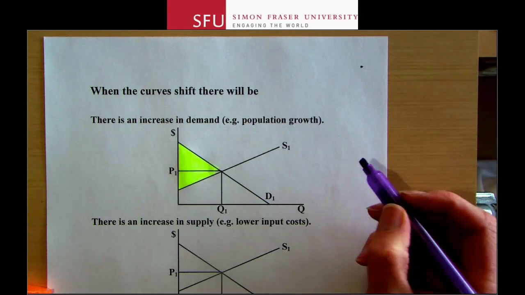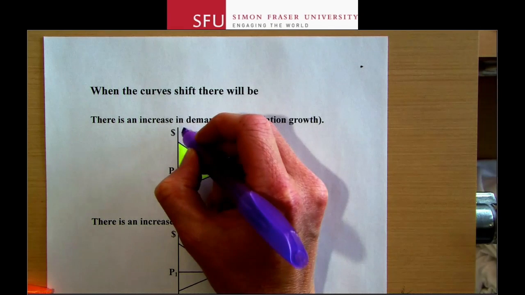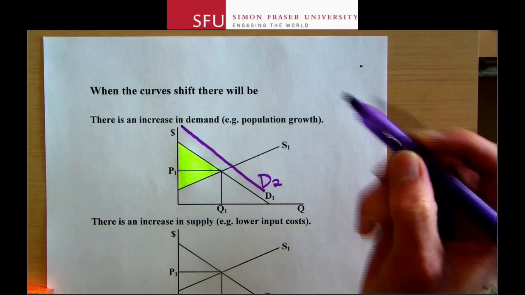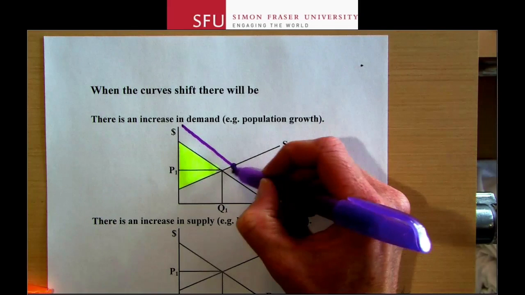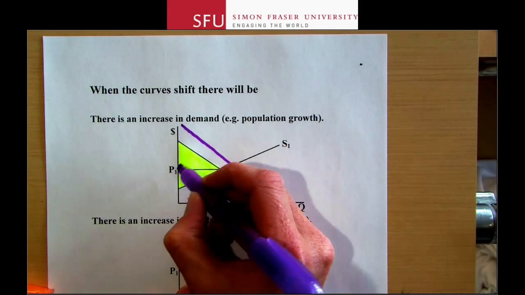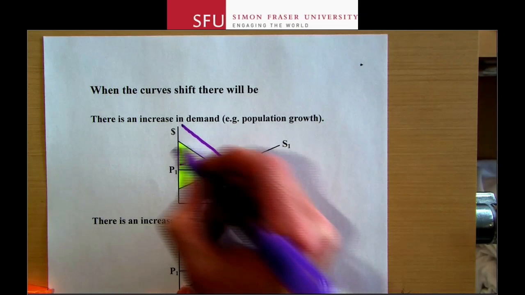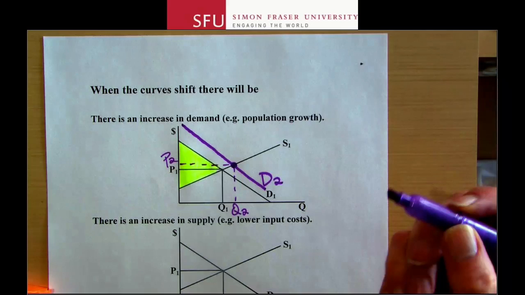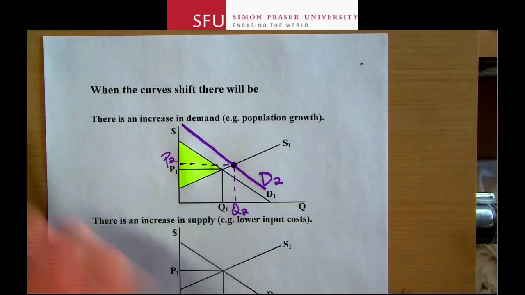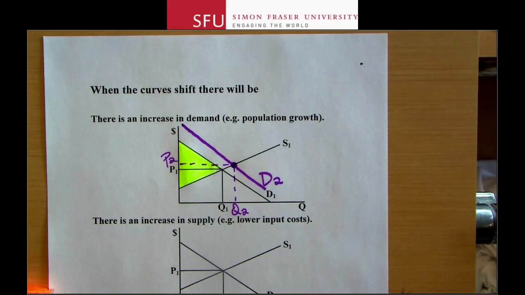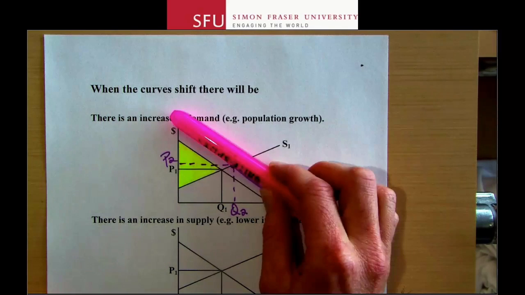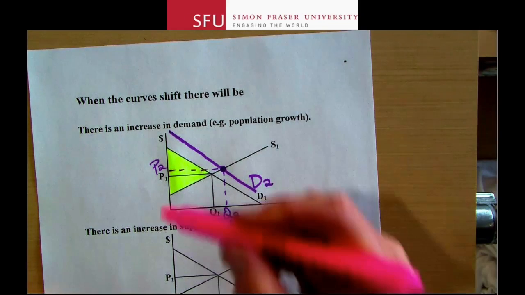All right, so then the change. Okay, so now there's an increase in demand. So demand shifts this way. So that shift results in a new equilibrium over here. The price is higher, and the quantity is larger. So there's going to be more surplus in the market because the benefits have increased. You've got more people now enjoying the goods. So the benefits have gone up and the quantity has gone up, so now the total surplus is larger.